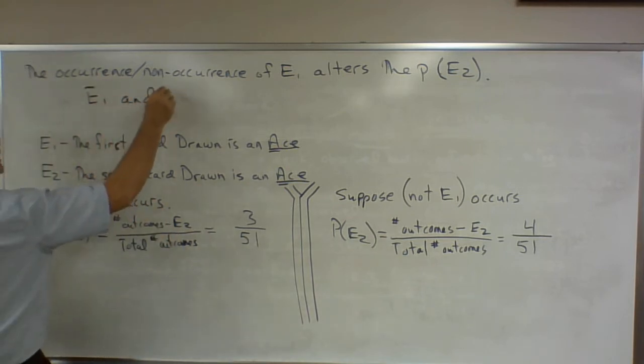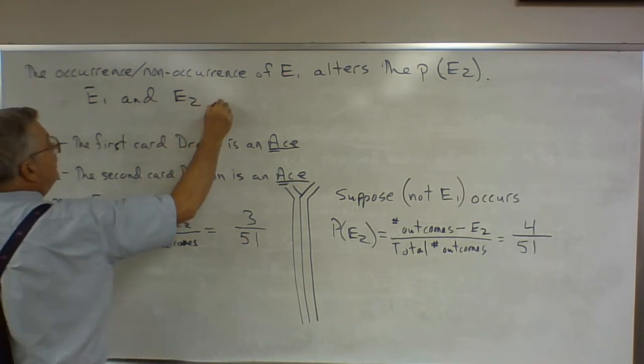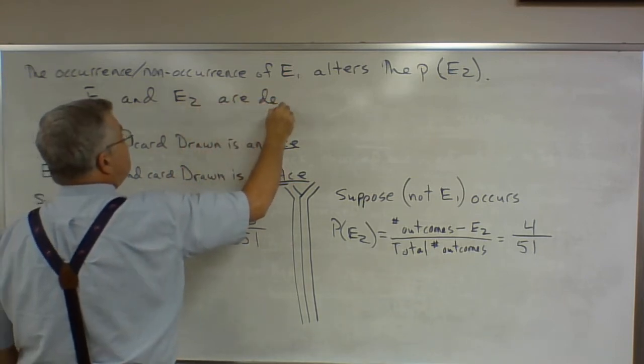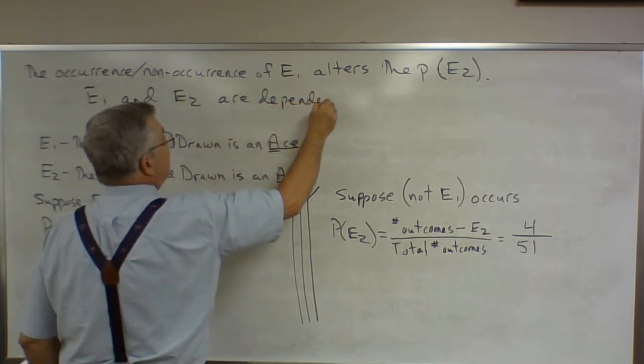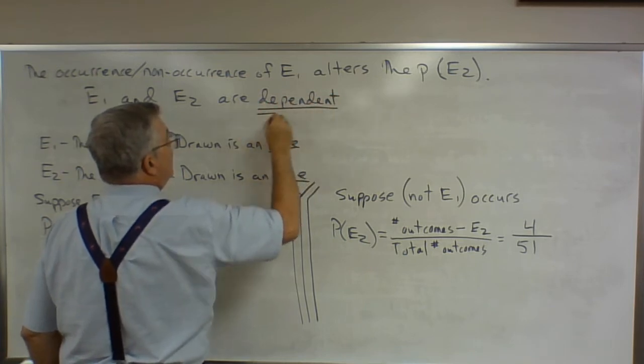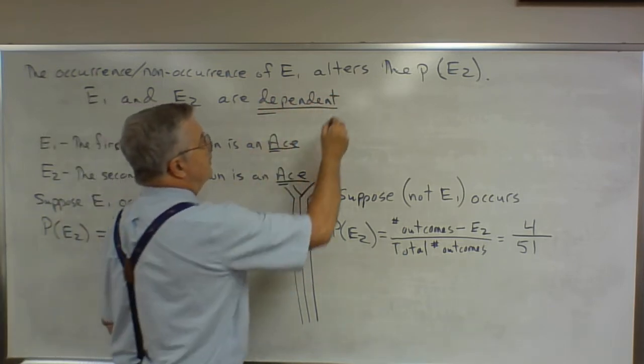E1 and E2 are dependent events or outcomes.